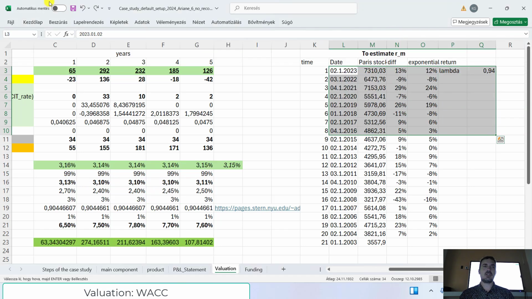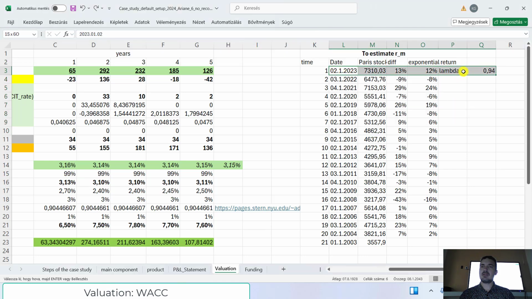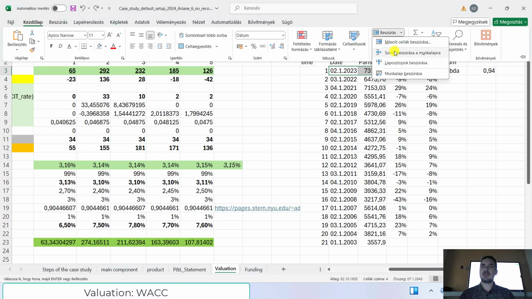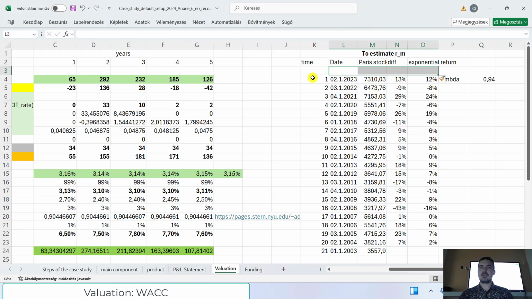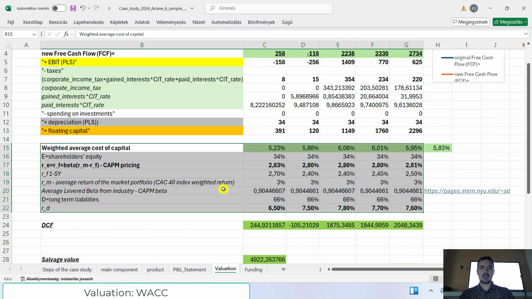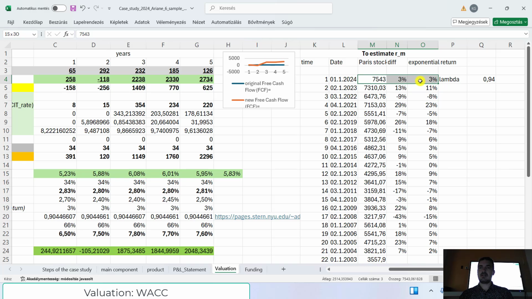Again, we have to add additional rows. Then let's copy from the other sheet what I have here.